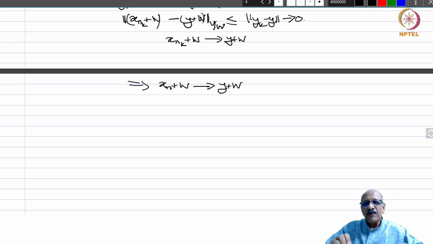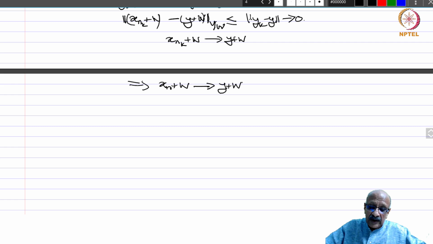And thirdly, if you have a Cauchy sequence and a convergent subsequence, the sequence converges to the same limit. So using these three, we have shown that if V is complete, then V by W is also complete, and therefore it becomes a Banach space.